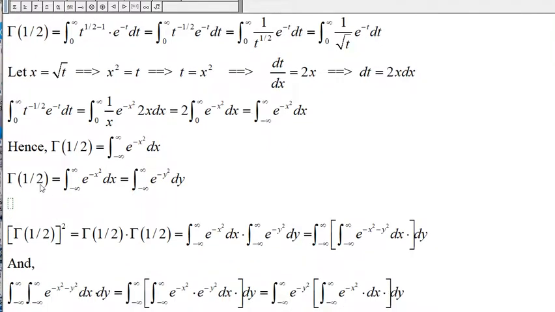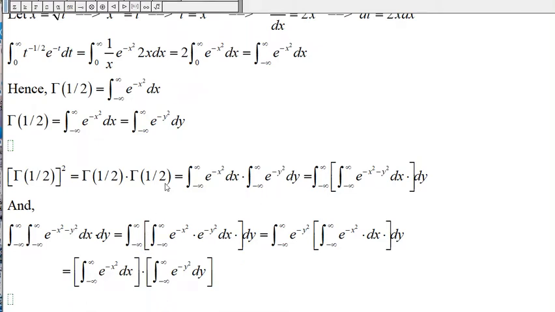And so now we do gamma 1/2 squared, which is gamma 1/2 times gamma 1/2. So this gamma 1/2, that's the integral from negative infinity to infinity of the function e to the negative x squared.